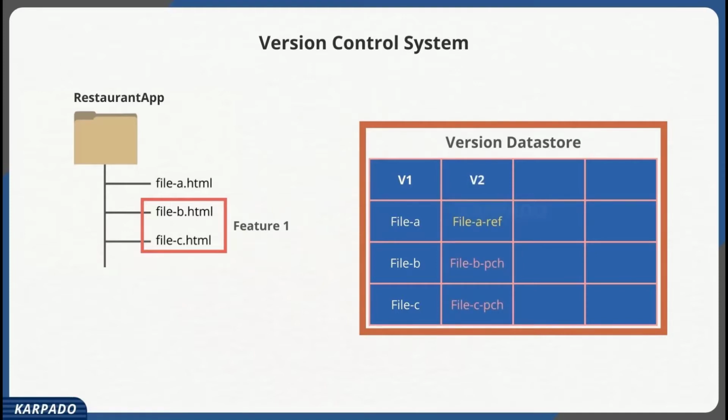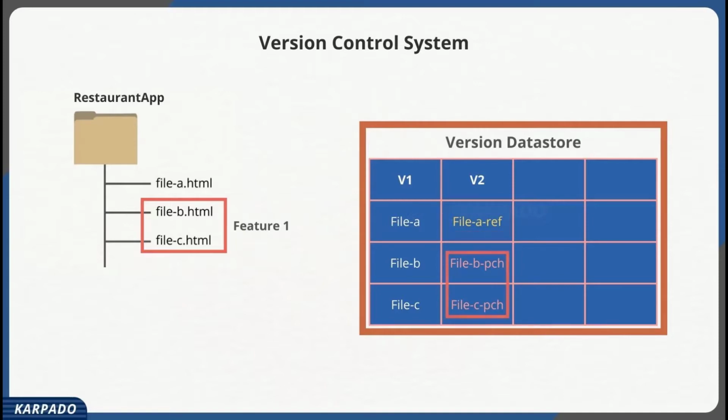Since no changes were introduced in file A, the VCS software would only store the reference of file A. What that means is it will just have information about the location where the file A copy is residing. And the reason for this is obvious. We don't want to unnecessarily make a copy of all the files that were untouched or unmodified and take up disk space.